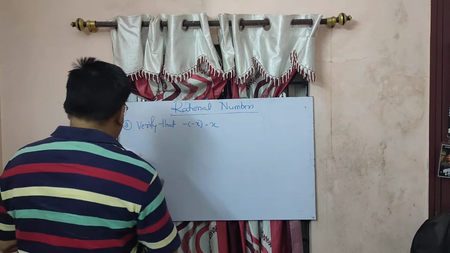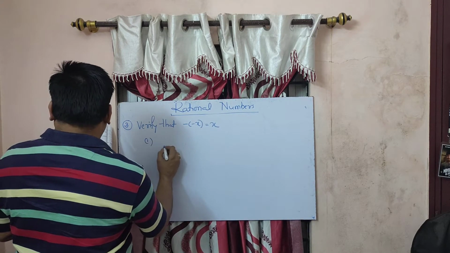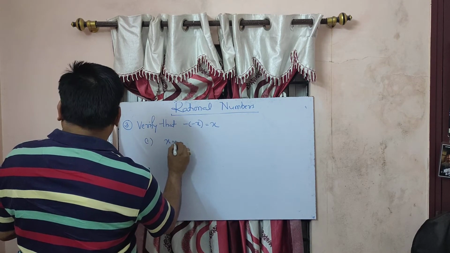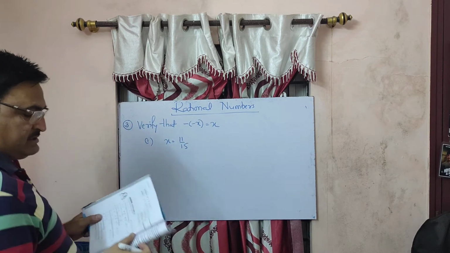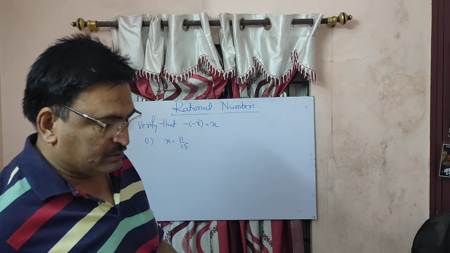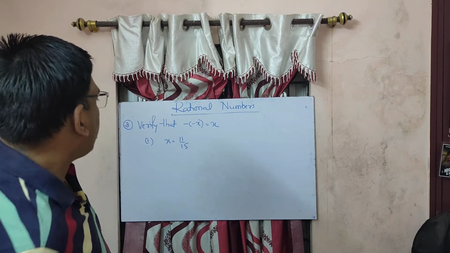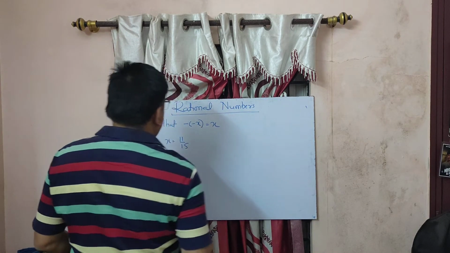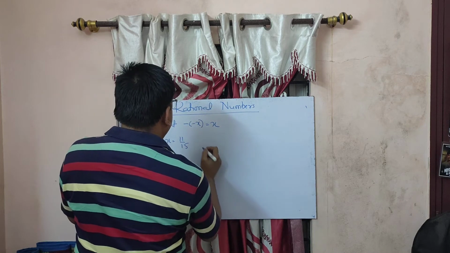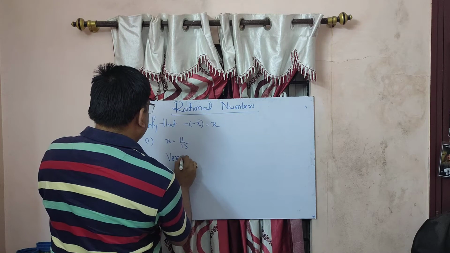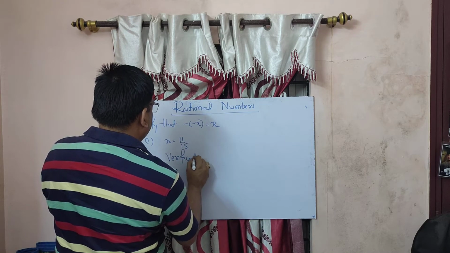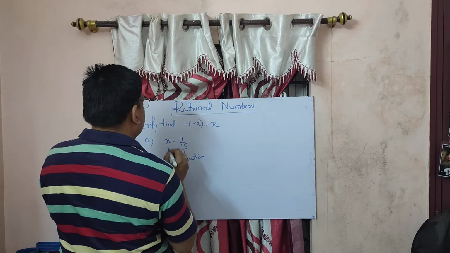For example, the first one. You have to verify. So x equal to 11 upon 15. Now this is given, x equal to 11 upon 15. Now you have to write the verification.